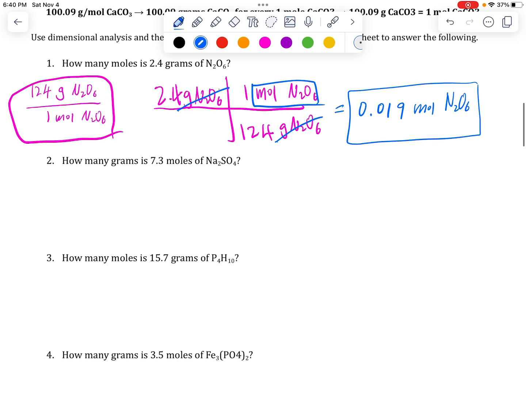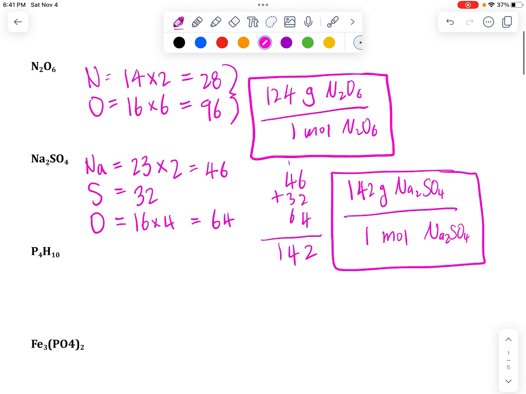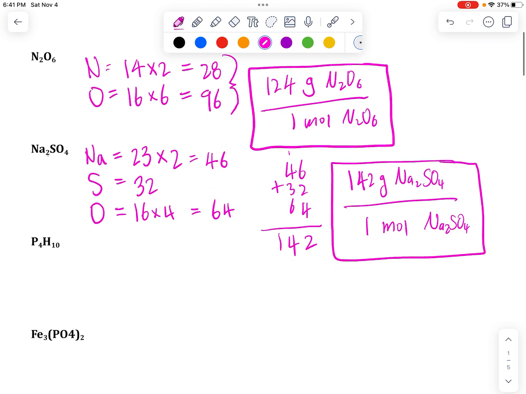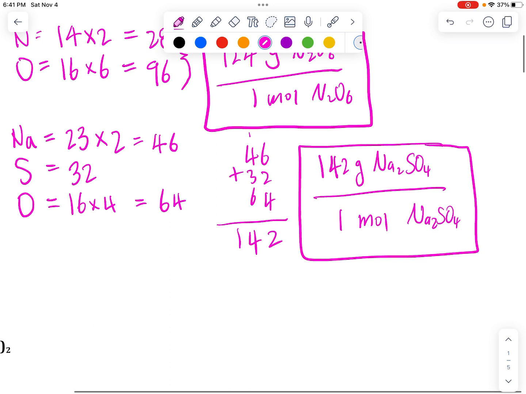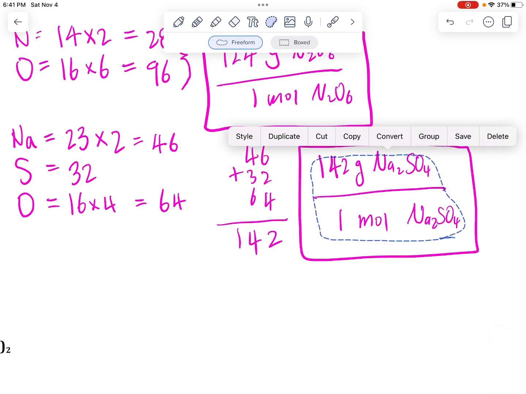Let's do one more question, one more. Let's see. How many grams is 7.3 moles of Na2SO4? Okay, likewise, if you did the molar mass conversion calculation correctly, you should have it up here as we did together just now, right?